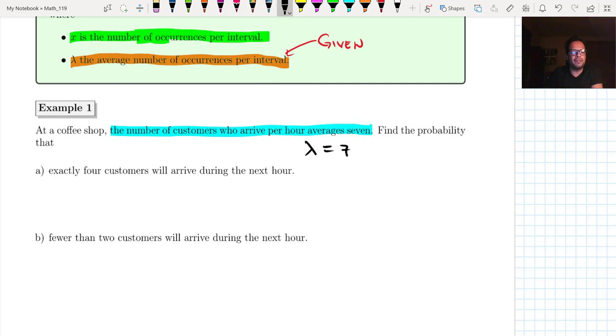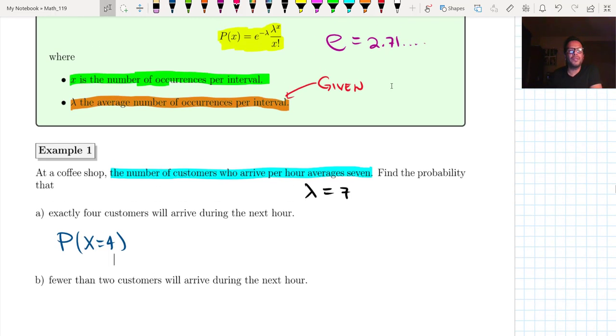So the probability P of x equals 4. And let's write down the formula: e to the negative lambda times lambda to the x power over x factorial.